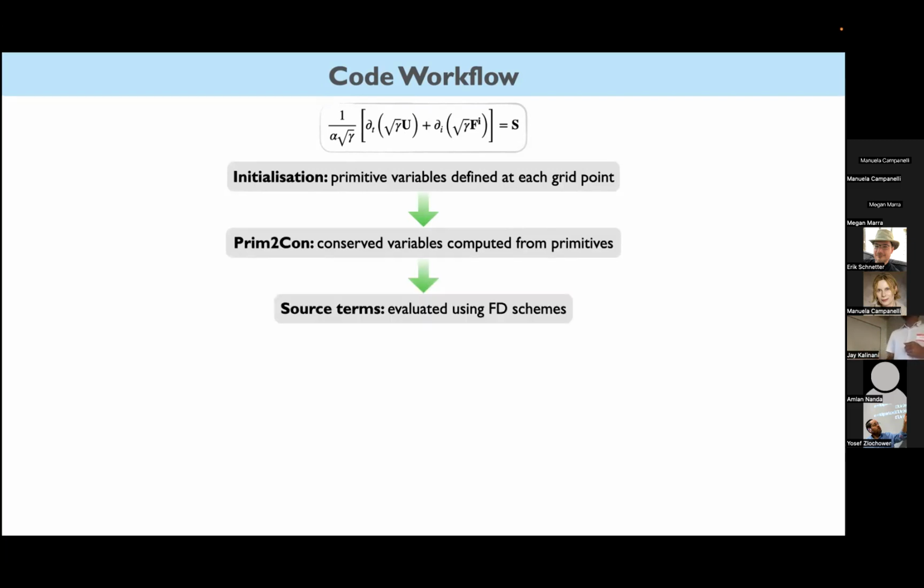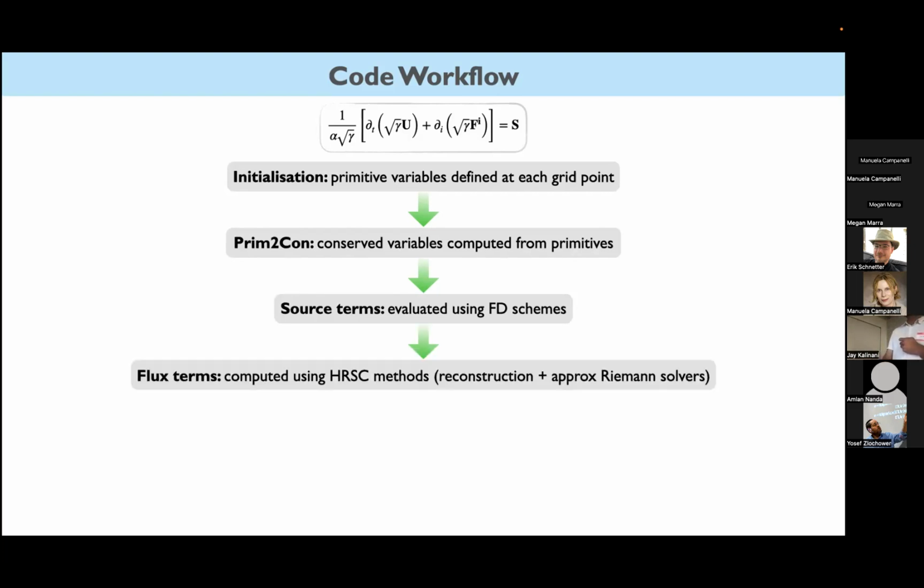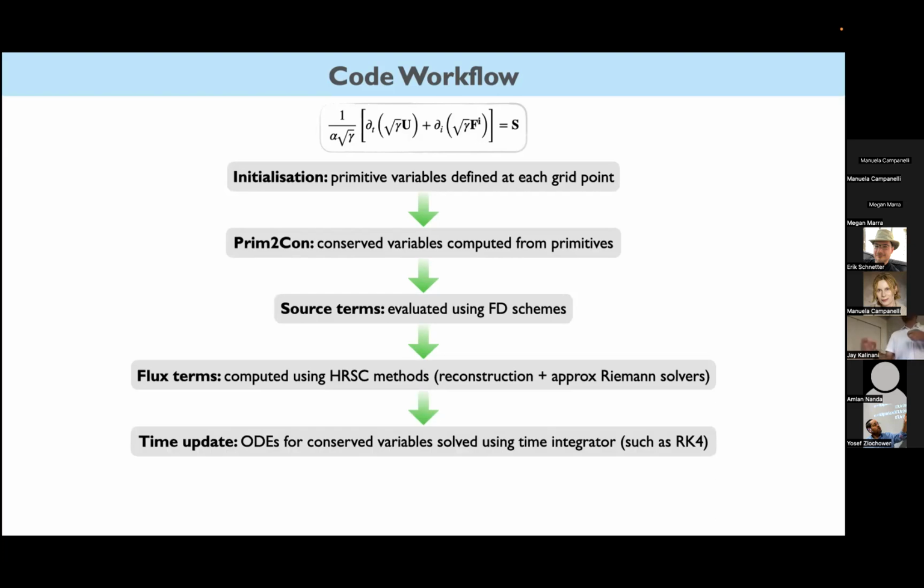Then, once you have that, you compute your source terms using finite difference schemes. Next is computing the flux terms, essentially employing high-resolution shock-capturing techniques. Finally, source minus flux gives you an ODE, which you can solve using time integrators like Runge-Kutta.